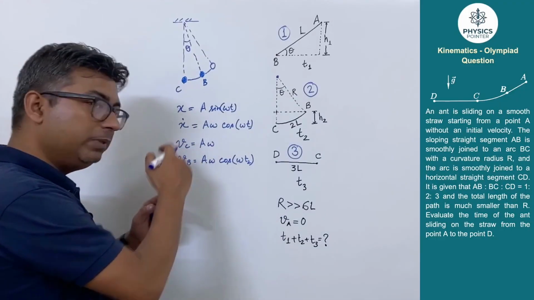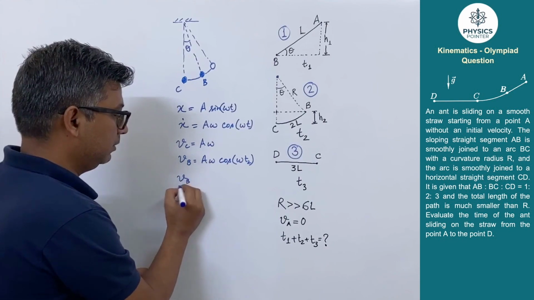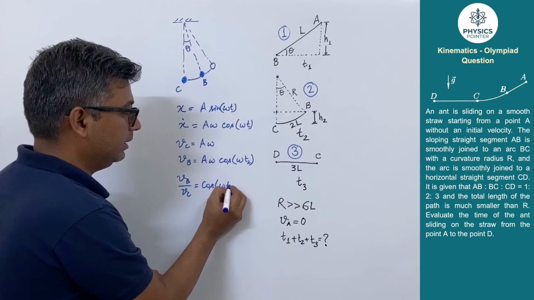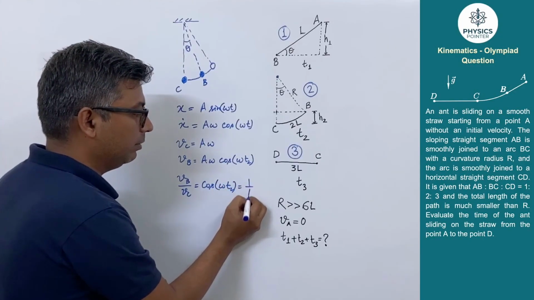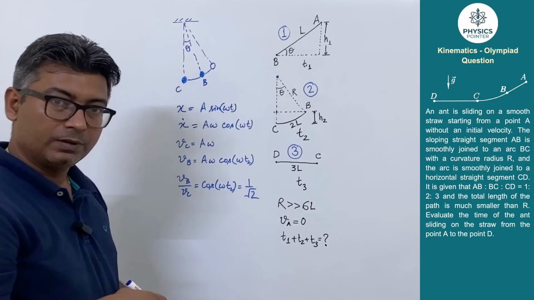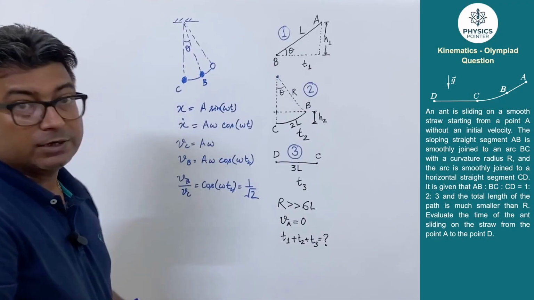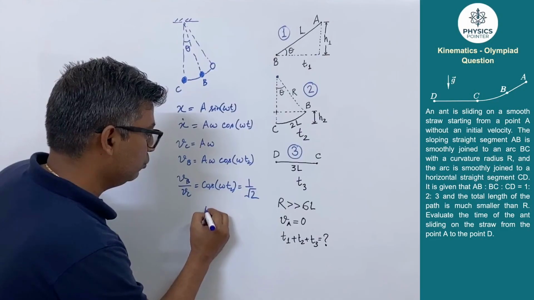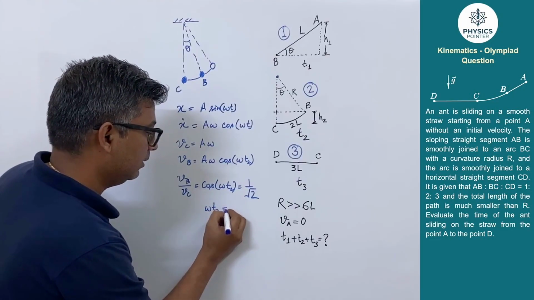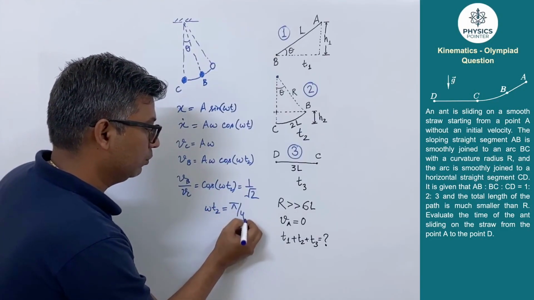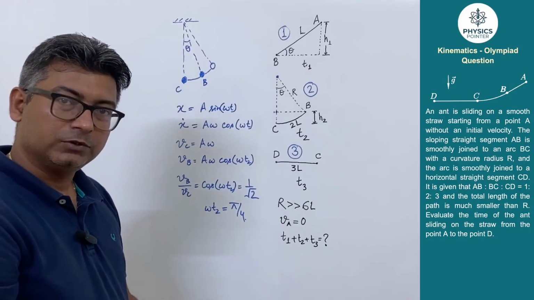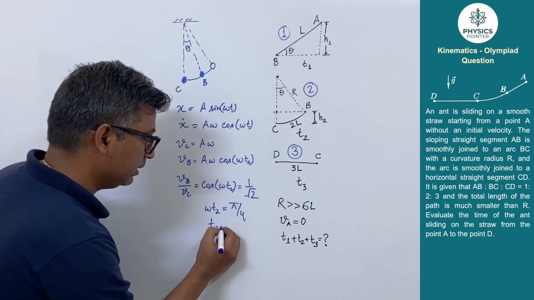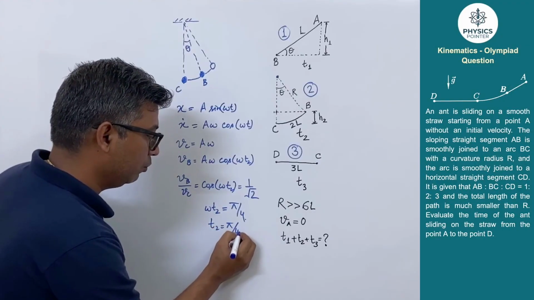So if we do Vb by Vc, this comes to cos of omega t2, and that is equal to 1 by root 2. What is the cos inverse of 1 by root 2? Cos inverse of 1 by root 2 is pi by 4, right? And when this is pi by 4, then T2 is equal to pi by 4 omega.